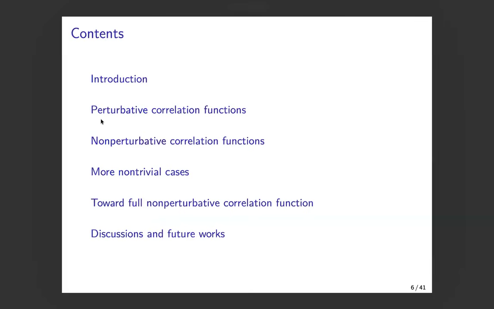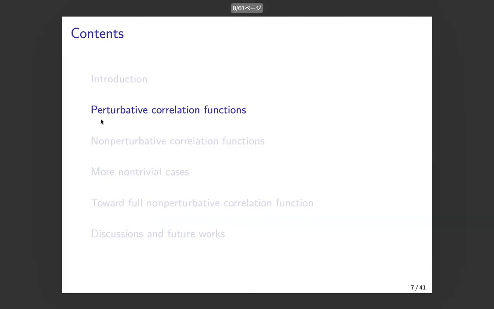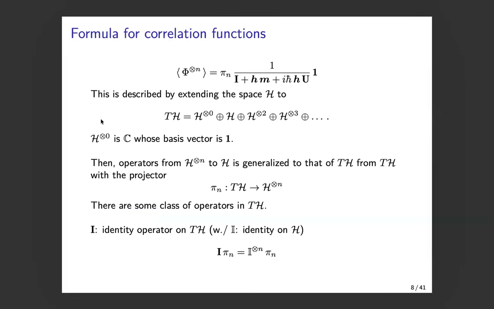So this is the content of this talk, and let me explain about the perturbative correlation functions. To explain this formula, we have to expand the space H. We consider the vector space TH, which is the sum of tensor powers of H, so H plus H tensor 2, H tensor 3, and so on.